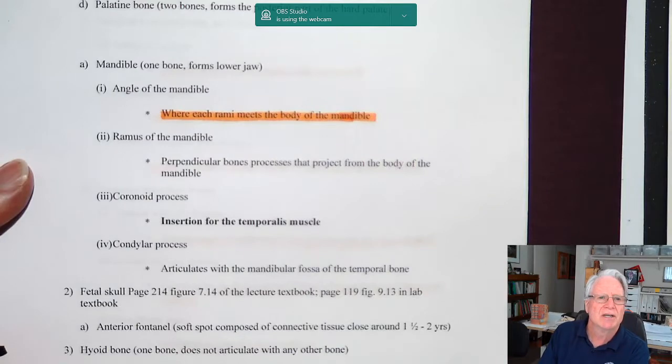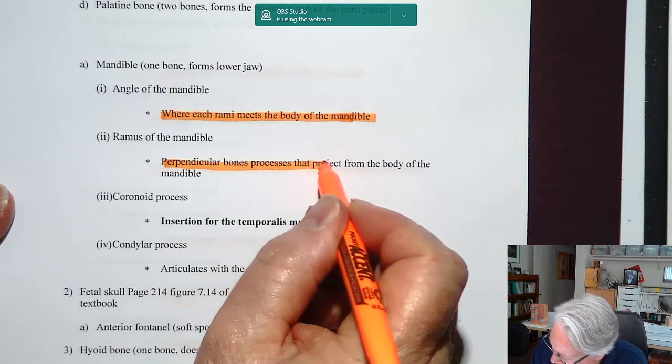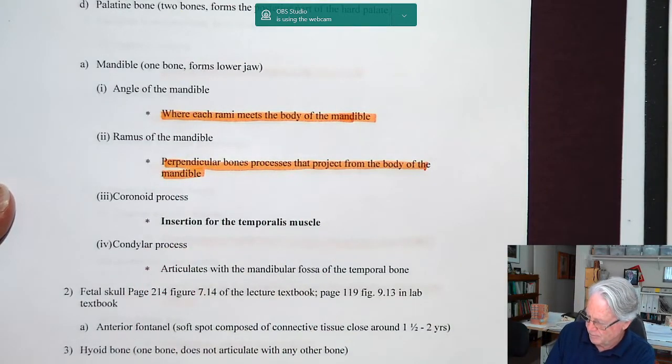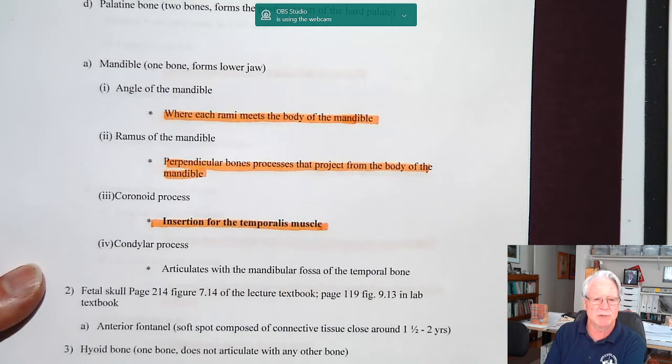The ramus of the mandible, which is the perpendicular portion of the bone. The coronoid process, insertion of the temporalis muscle. Okay, so in dark, meaning that we will run into that muscle.